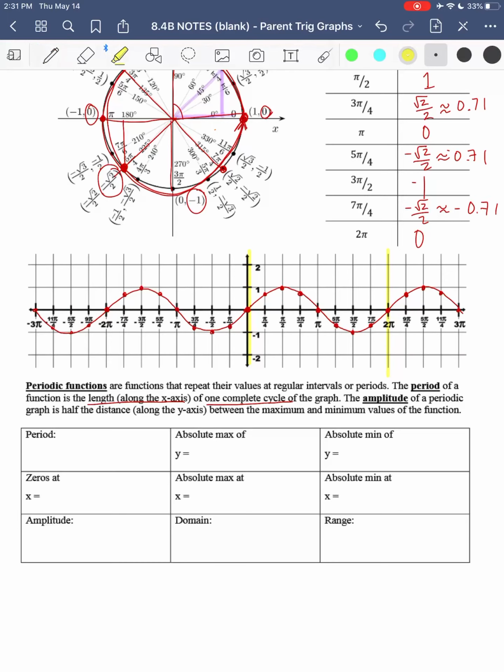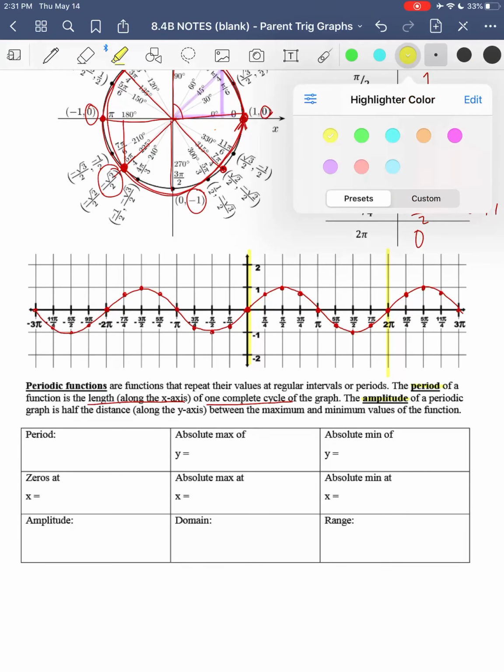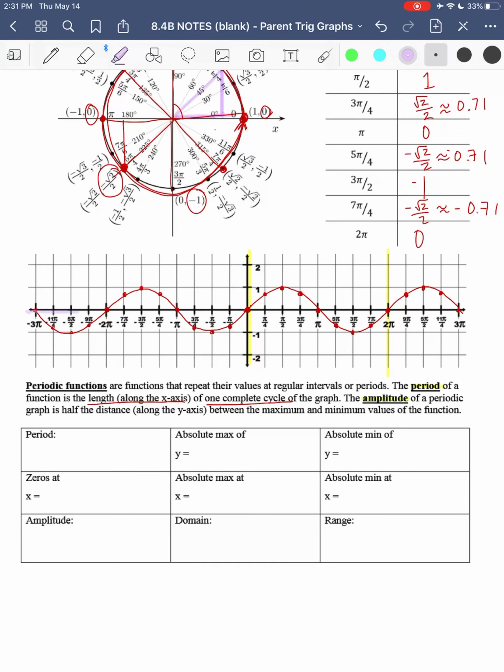The amplitude of a periodic graph is half the distance along the y-axis between the max and min values of the function. So I think of the amplitude as, if you find the middle line, like for this graph we just drew, we were centered around 0, and then it wiggled up and below. It's like how much are we wiggling above or below the middle line.